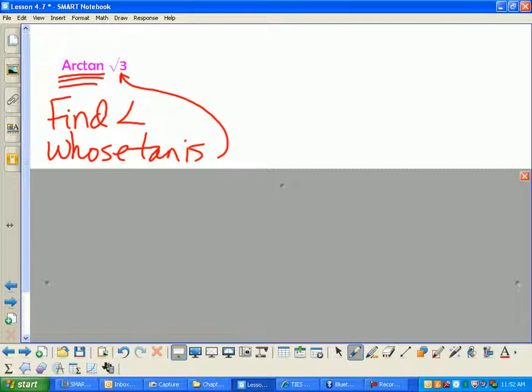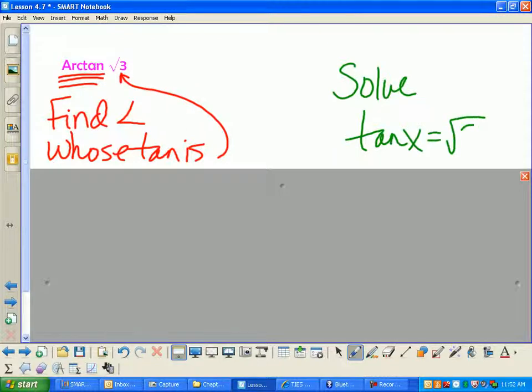Now, this is really similar to this. This says, tell me what angle I take the tangent of and get square root of 3. And that's what this says. But there's a big difference between them. The difference is, here you are evaluating a function. You're going to get one output.